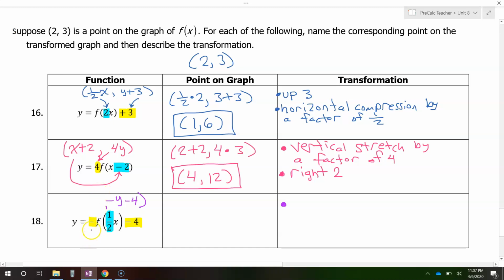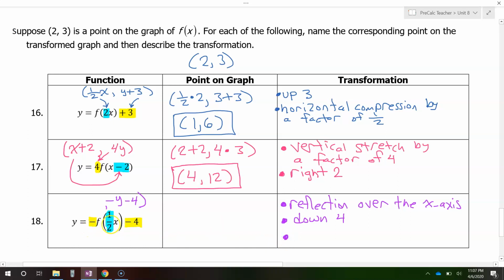It is a reflection over the x-axis. You could call that a vertical reflection if you wanted to. The minus 4 is simply a translation down 4.